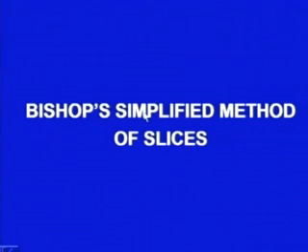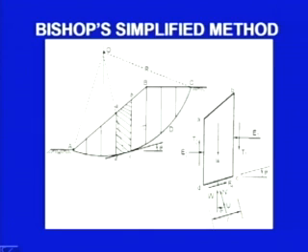Now, let us come to the most popular method, the Bishop's simplified method of slices. These are the basic concepts. Again, the same slope I have taken, a slope with some angle here, and this is the center of the circle.